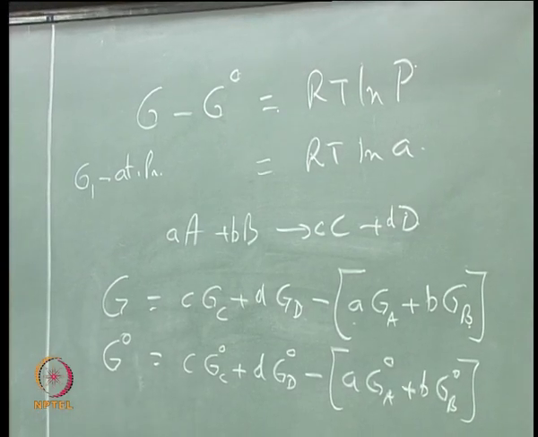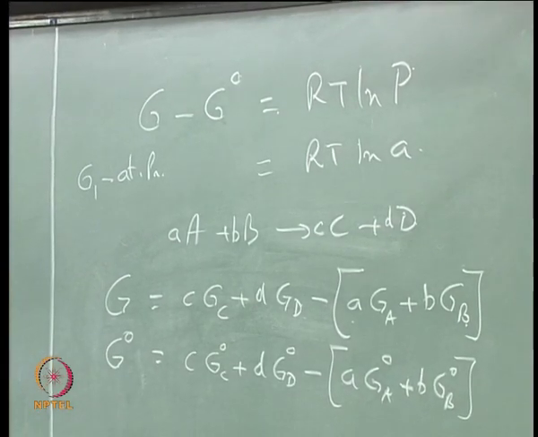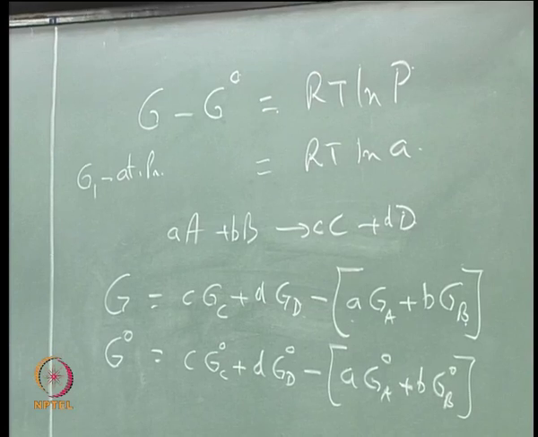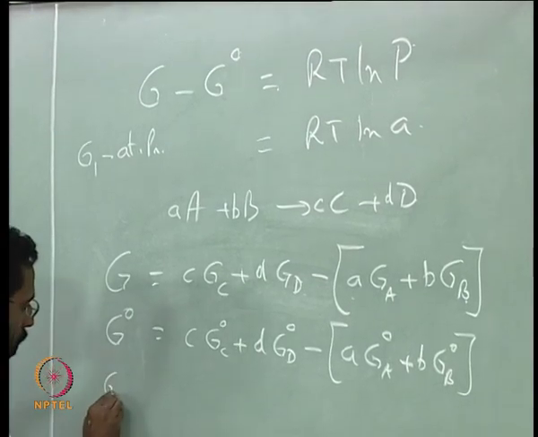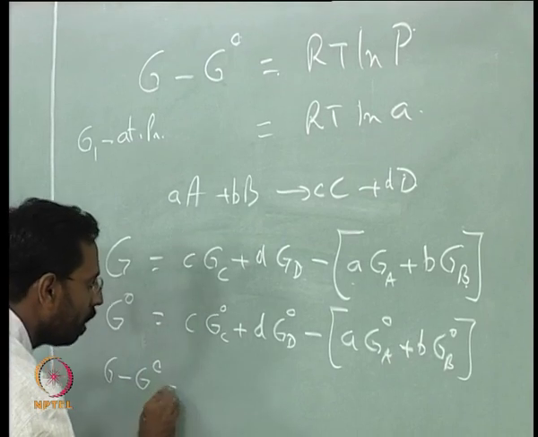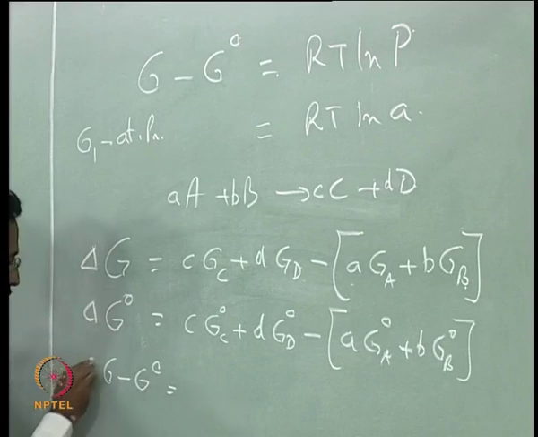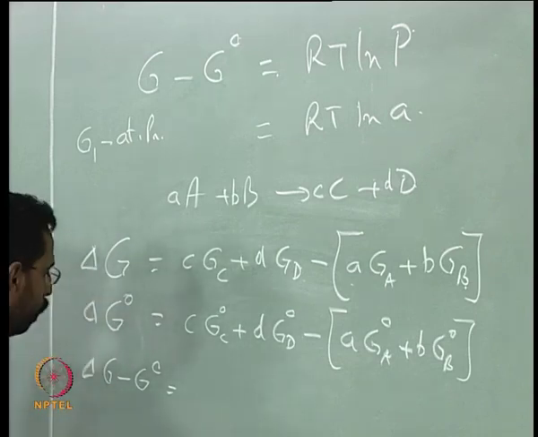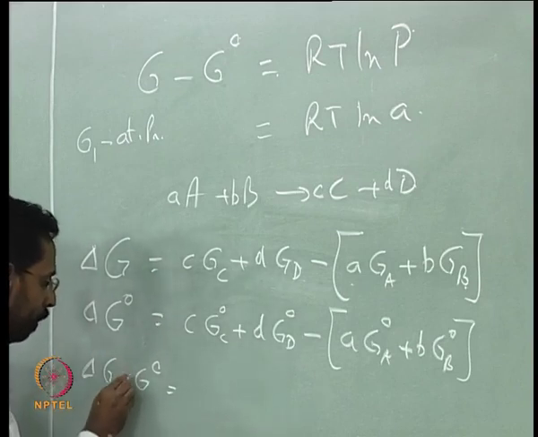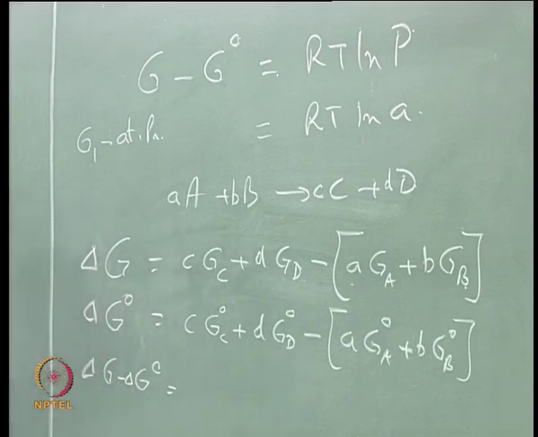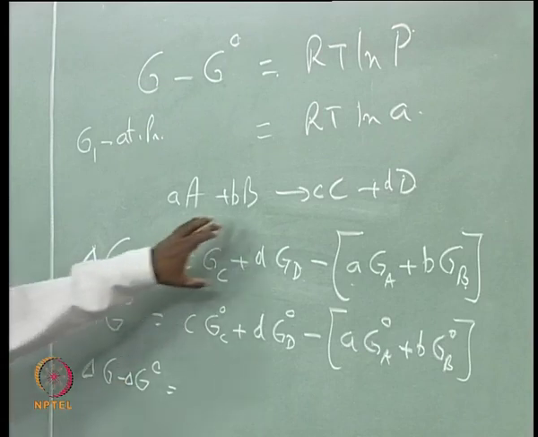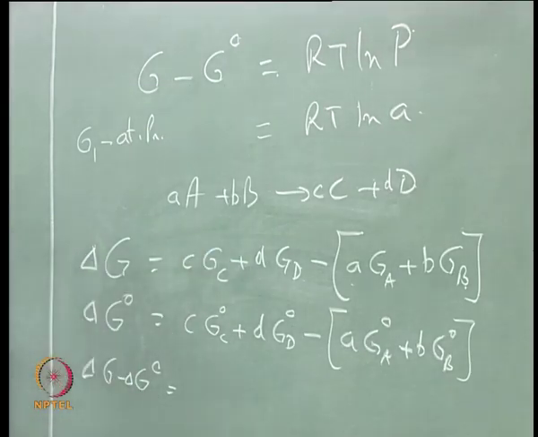Everything remains the same excepting that we are talking at a standard state. This is actually delta G, the change in the free energy, so I should not put G, I should put delta G naught. Delta G naught is the change in the free energy for the reaction at the standard state, standard conditions.